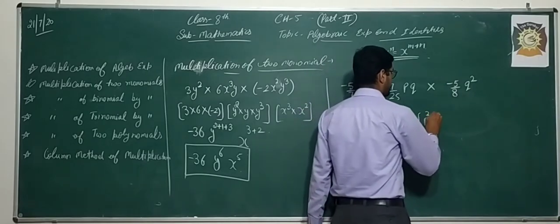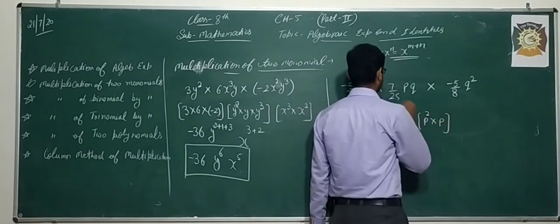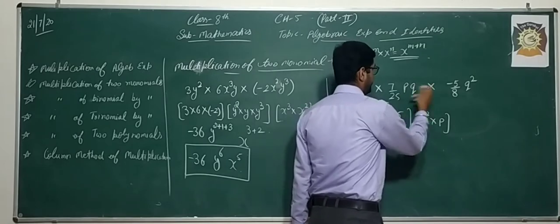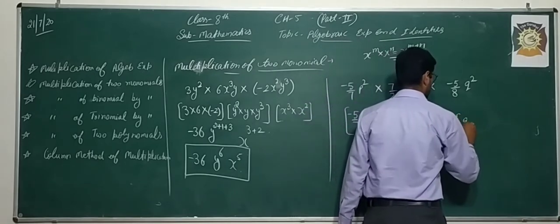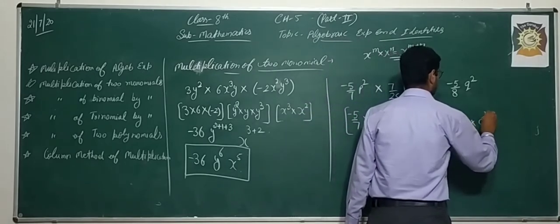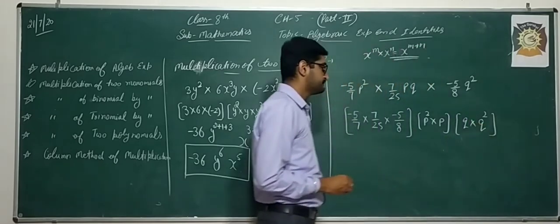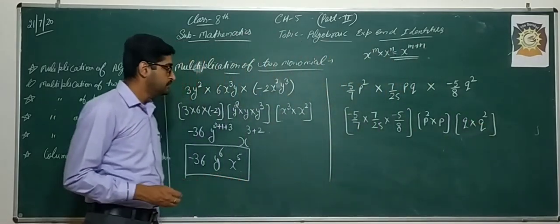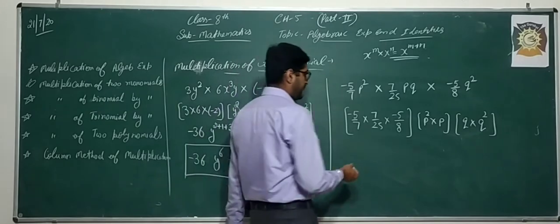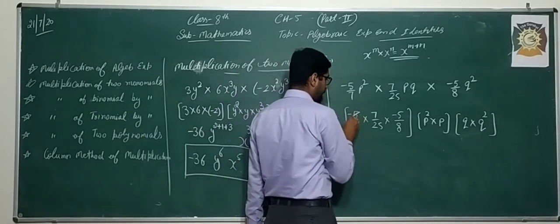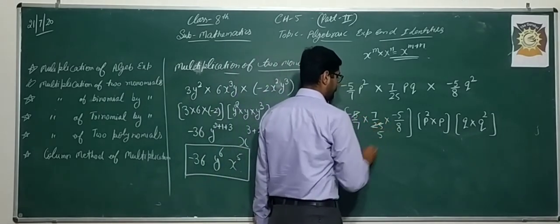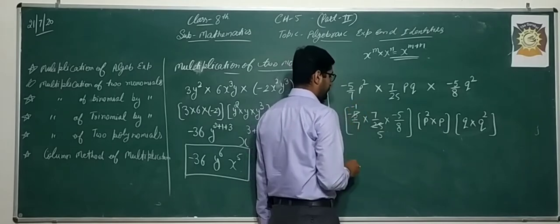It's p square into p square into p, and the next bracket q into q square. Okay, now we can cancel out the values as 5 fives are 25. This will be minus 1.